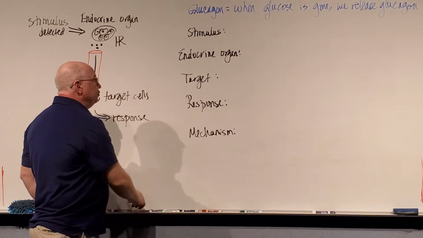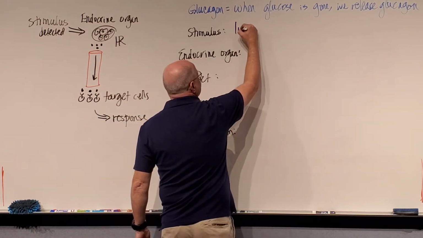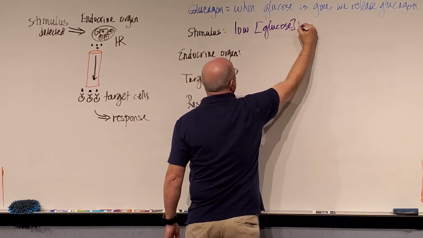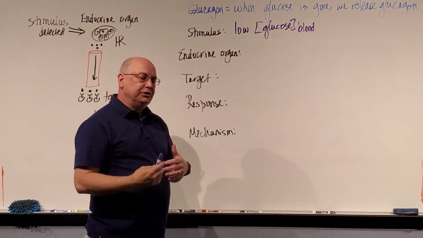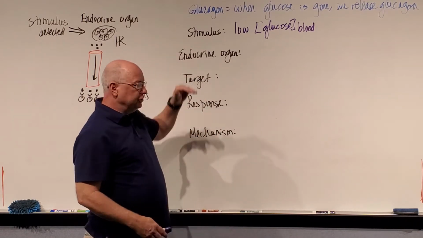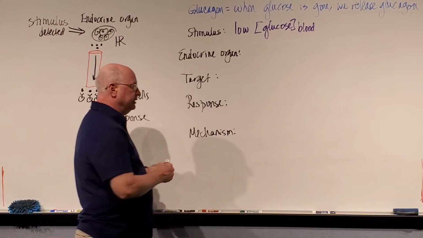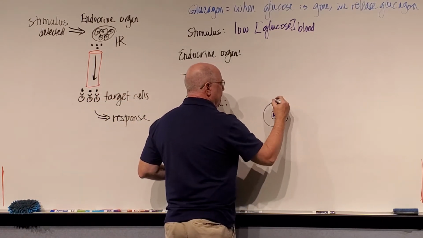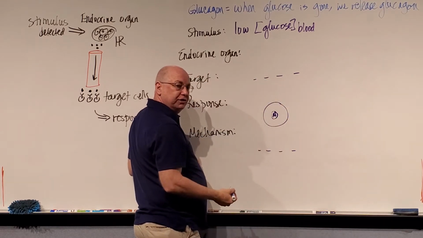So when it comes to the stimulus for the release of glucagon, what we can say is a low concentration of glucose in our blood. Let me draw something on the board and explain this, and then it'll all make sense. If I have a typical human cell here with its nucleus, there is a boundary of how much sugar the cell can handle.